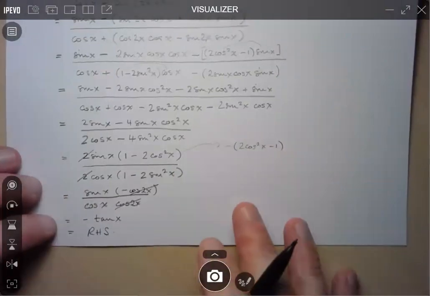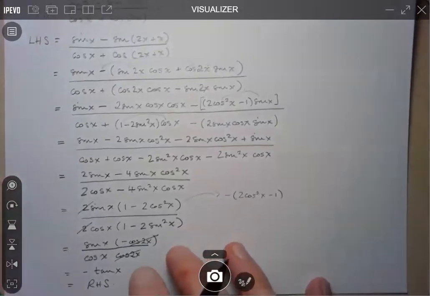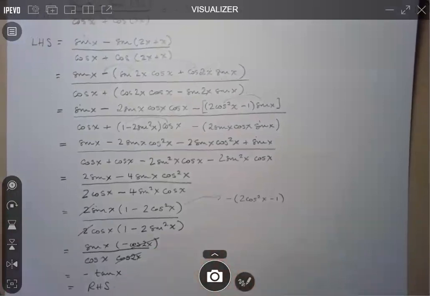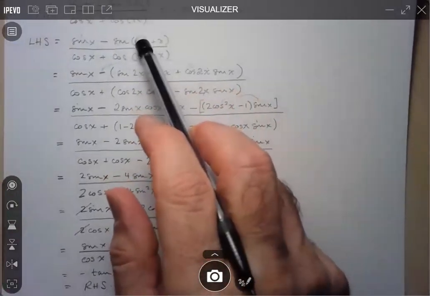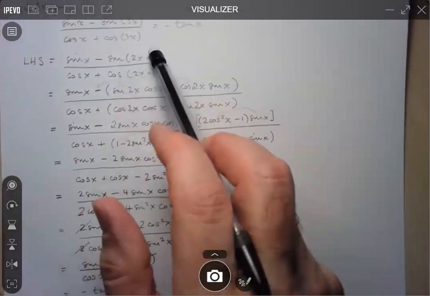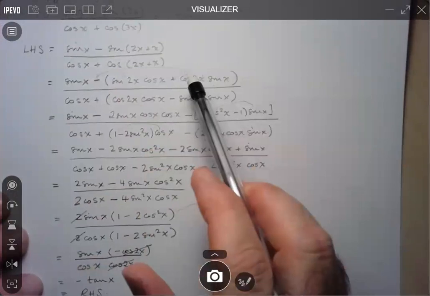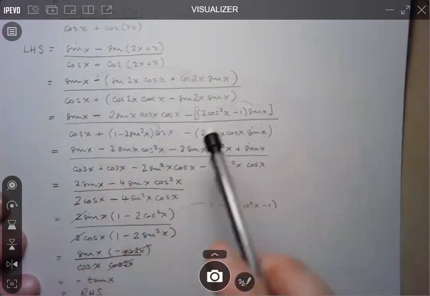Okay. Now, is this the type of identity you would get on a test? No, this is not the type of identity you get on the test, but it's a really nice one to see whether you can see everything through, to see if you can recycle a trick that was used before, writing 3x as 2x plus x in numerator and denominator, to choose your version of cos 2x depending on what else is nearby.